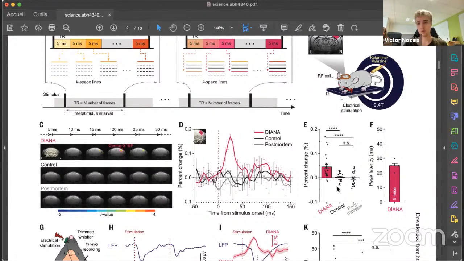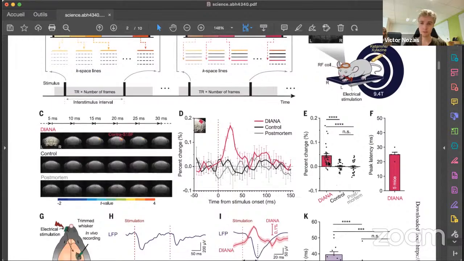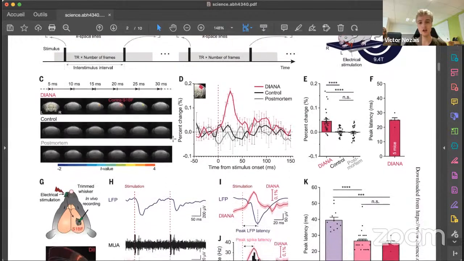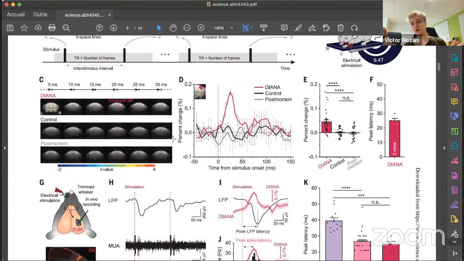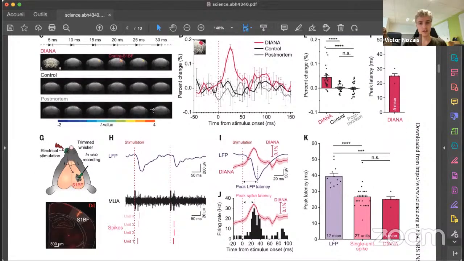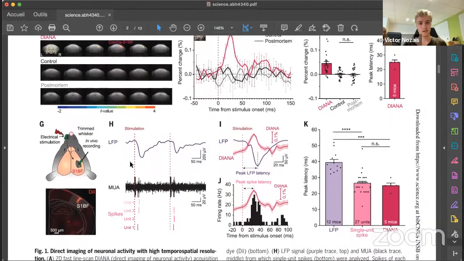Here are a few more ways to show the graph. So you have a clear activation, but then they asked, okay, so how does it compare to actual physical data? And so they did some in vivo recording with more classical methods.